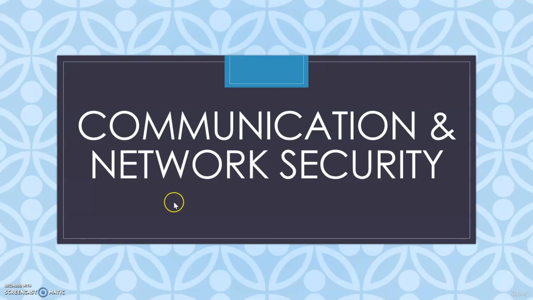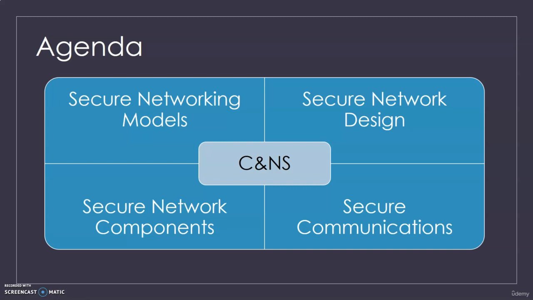In this course we have divided the content into 4 segments. First, secure network models, where we look at the different models, which can be the 7 layers or the TCP/IP model. Second is secure network design, where we'll see the different components of the network, which can be switch, firewall, router, wireless, how we need to put them, where we need to put them, and in which scenario they should be used.